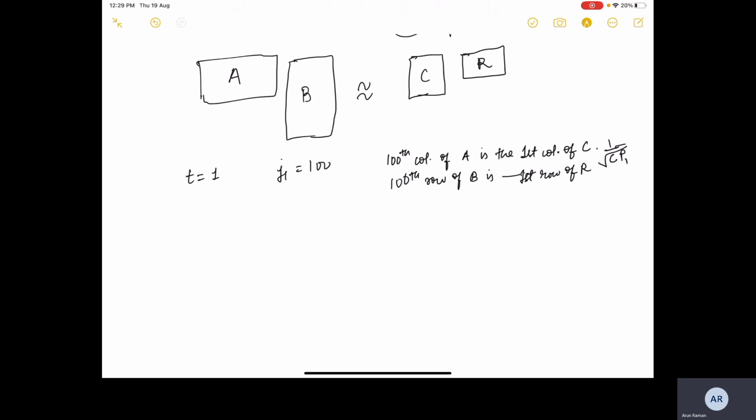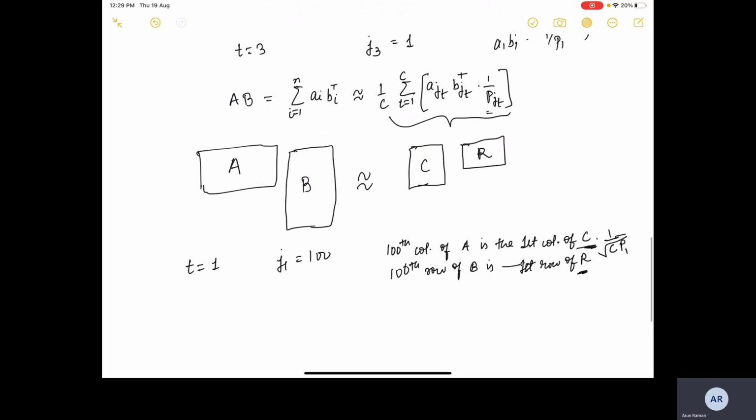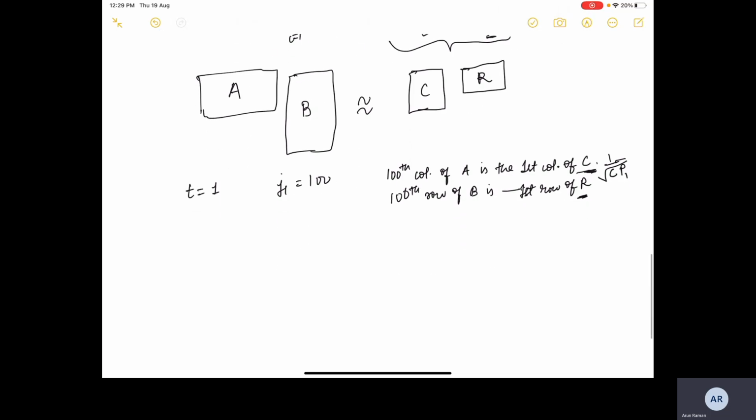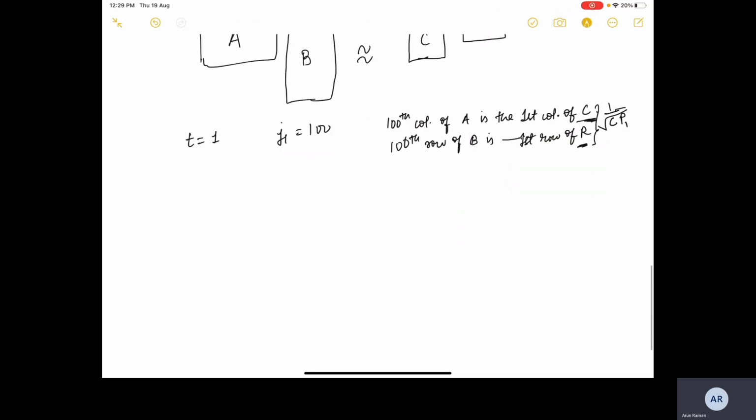So we normalize the column by 1 by root C P1, and the row by 1 by root C P1. Why we do this is because when we multiply them together, these roots get cancelled and we get 1 upon C P1, which is what we have here. So we have C, and 1 by PJT. That is the whole idea.